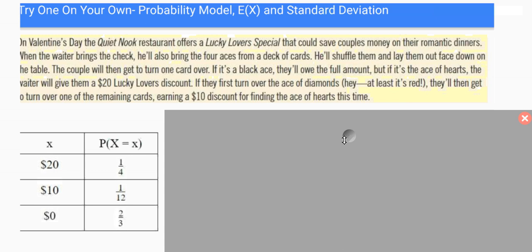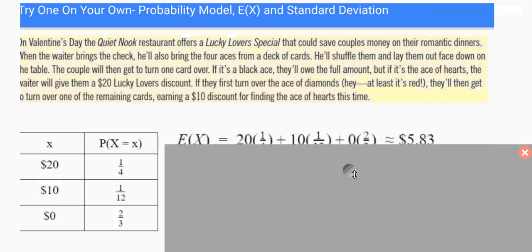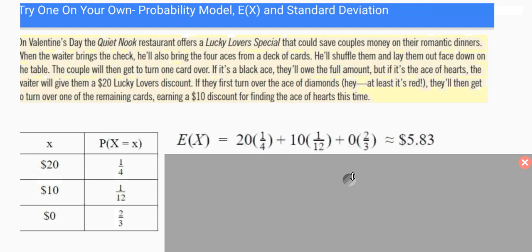Well, for the expected value, you want to take 20 times a quarter, 10 times a 12th, and technically, yes, 0 times 2/3, which we know what it will be, but that will give us the expected value. It would not be hard to show this, and it would be $5.83.